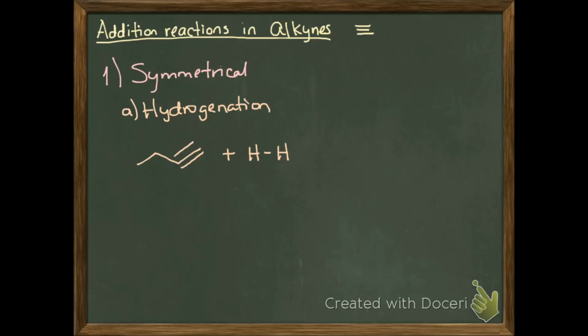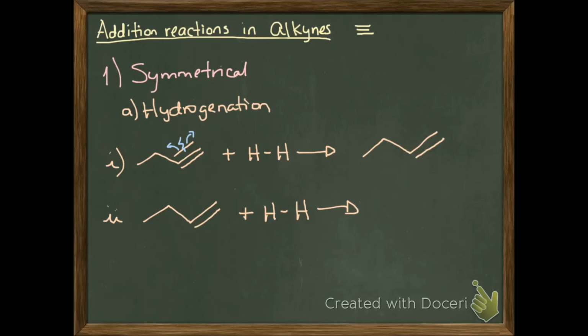This will break one of the multiple bonds, and in this first step what I will get is an alkene with a double bond. This is step 1. And then in step 2 I have the hydrogenation of an alkene that will give me an alkane.